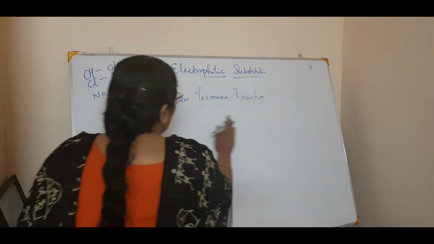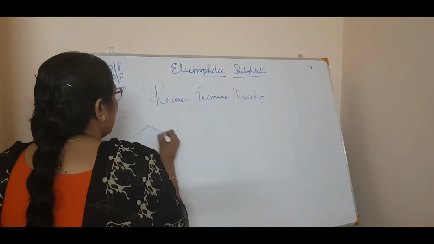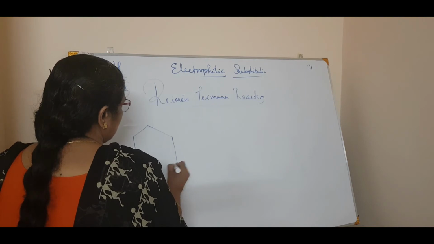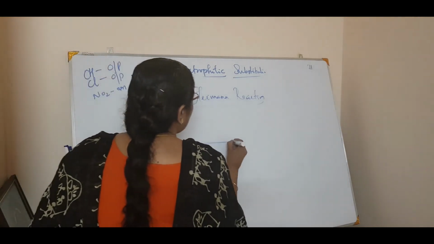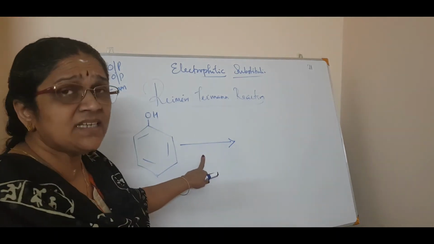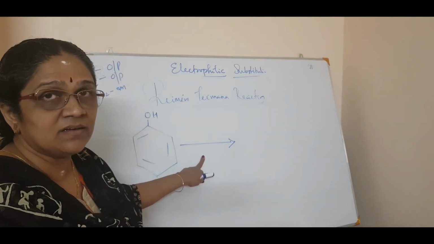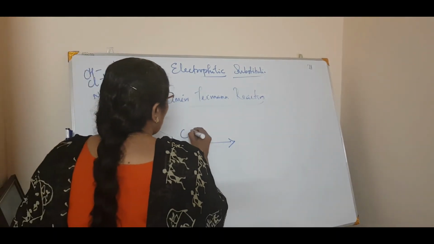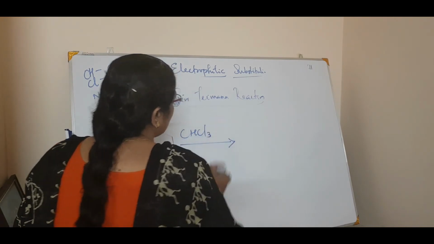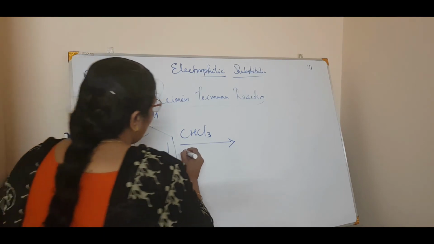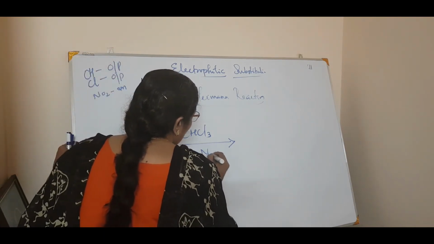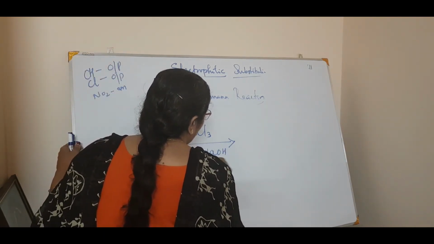Okay, now the first reaction, the reaction goes on like this. Listen, this phenol on treatment with, the reagent is very important. The reagent is chloroform. What is chloroform? CHCl3. Chloroform and aqueous NaOH. അങ്ങനെ തന്നെ എഴുതുക.